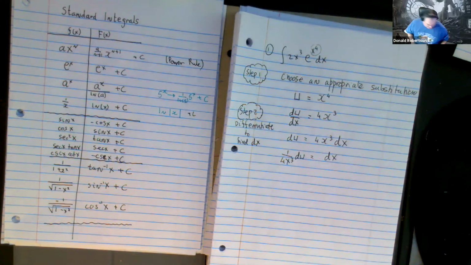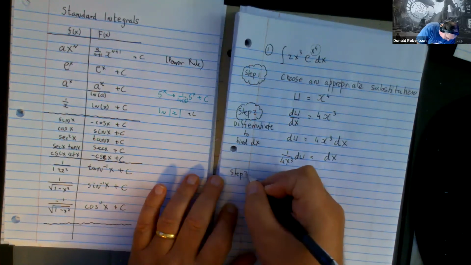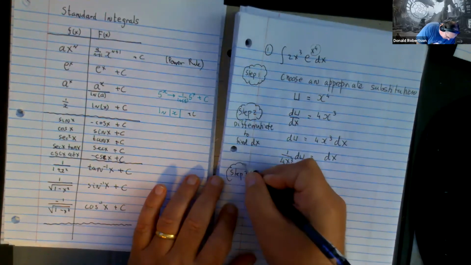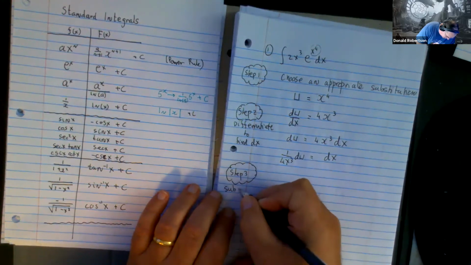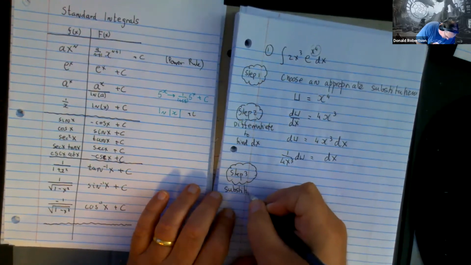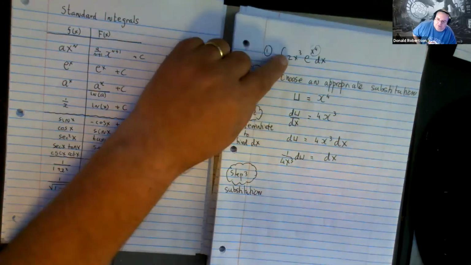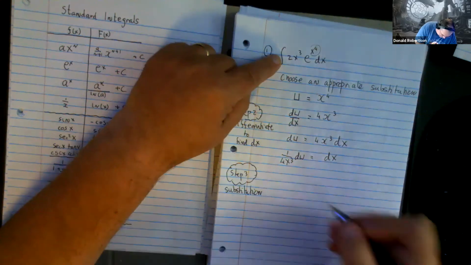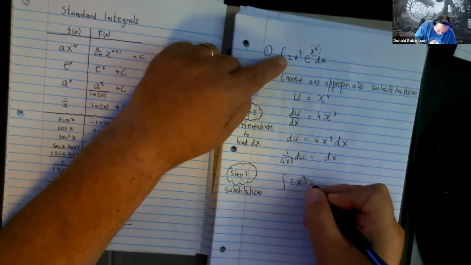Okay. Then we do step 3. We do substitution. Okay, so here's my original integral, right? This guy up here is going to be the integral. I'm going to leave the 2x cubed alone.